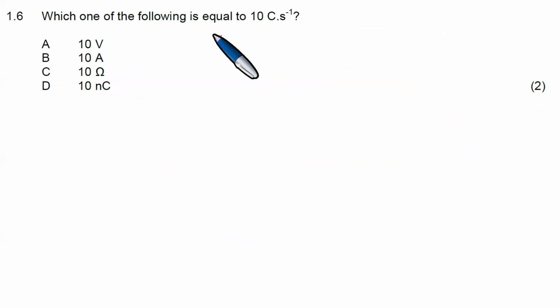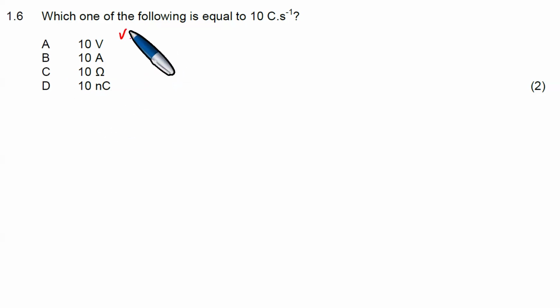Which one of the following is equal to 10 coulombs per second? Is it A, 10 volts, B, 10 amperes, C, 10 ohms, and D, 10 nanocoulombs?